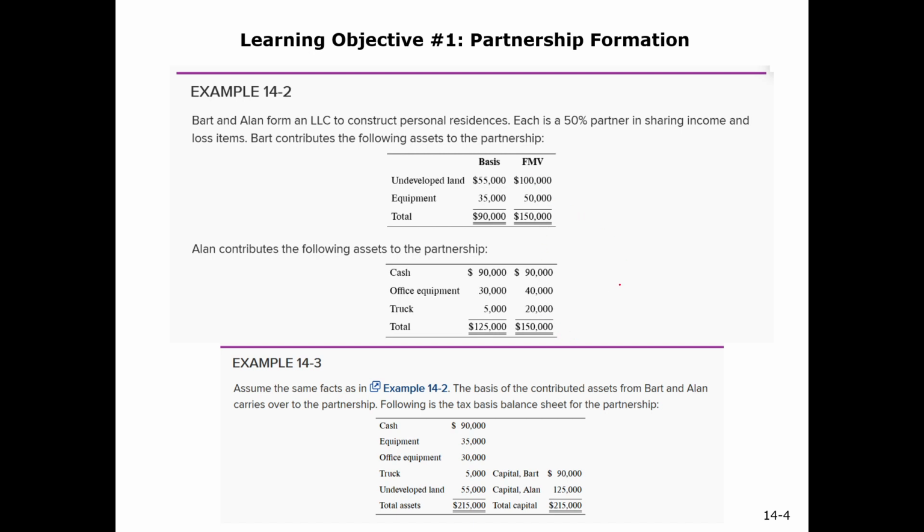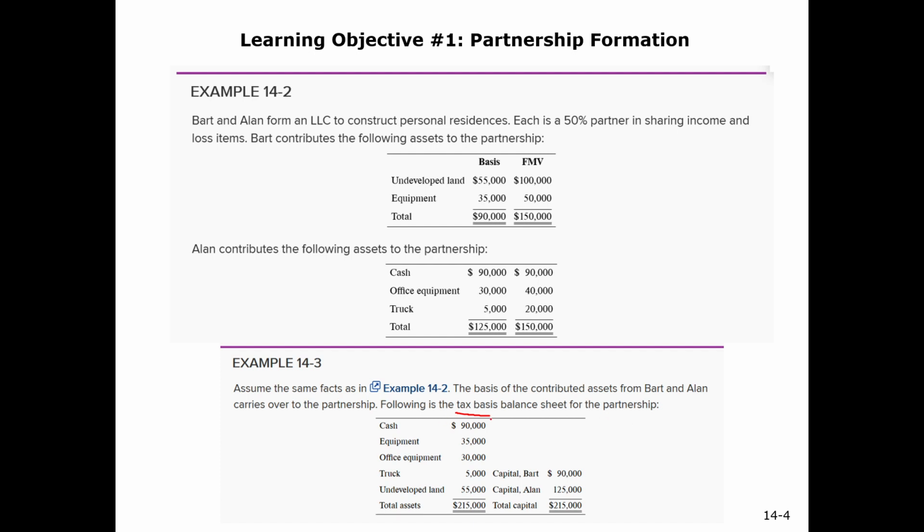So what we're looking at here is the basis to each partner, and then we have the tax basis to the partnership. So this is a tax basis balance sheet. This is not a balance sheet for third-party users.